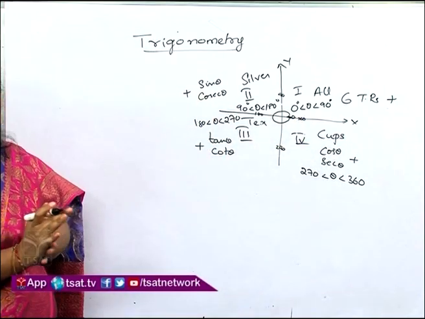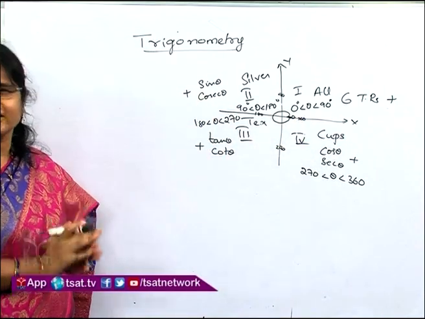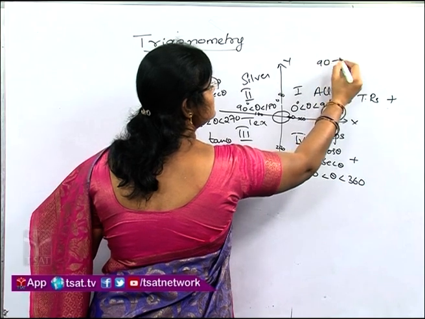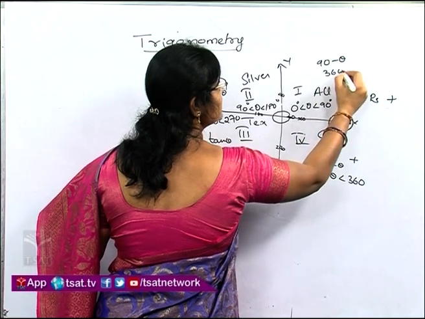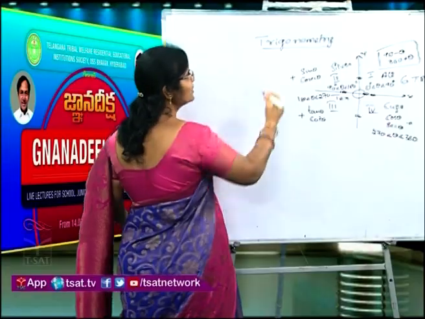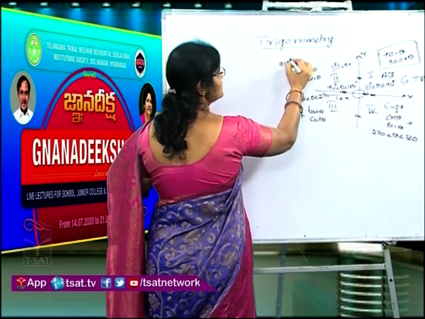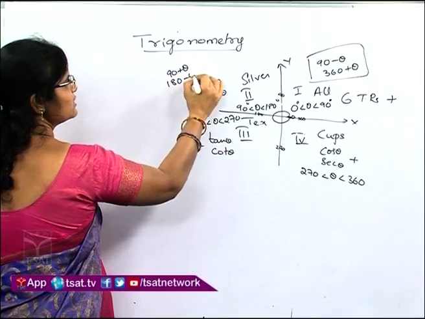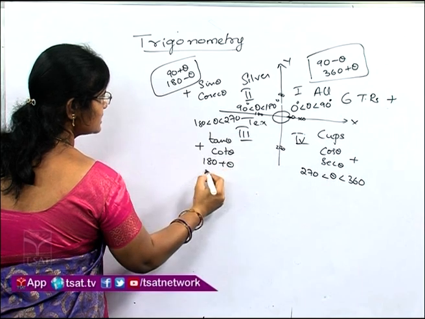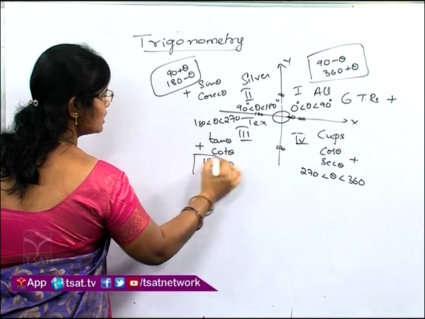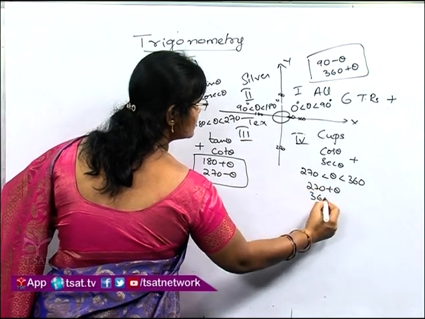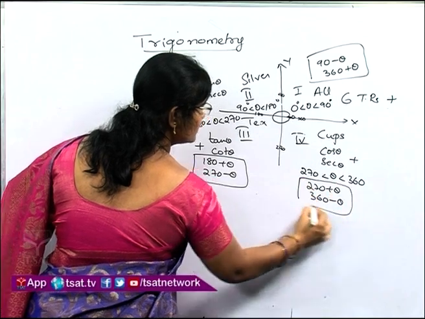Okay children, now one more thing you have to remember very carefully: when the angle is in the form of 90 minus theta or 360 plus theta, it falls in the first quadrant. This is very very important. And 90 plus theta and 180 minus theta fall in the second quadrant, 180 plus theta and 270 minus theta fall in the third quadrant, 270 plus theta and 360 minus theta fall in the fourth quadrant.